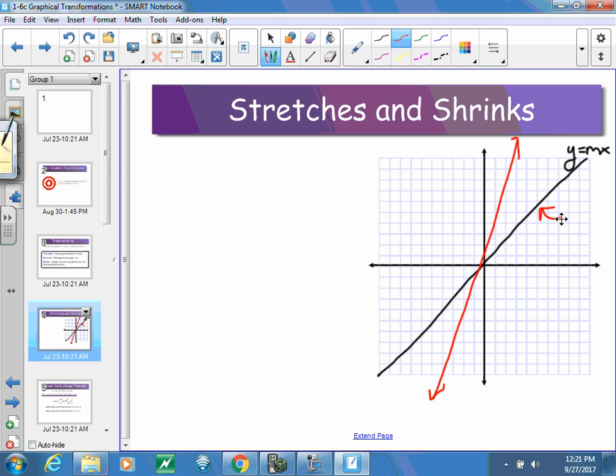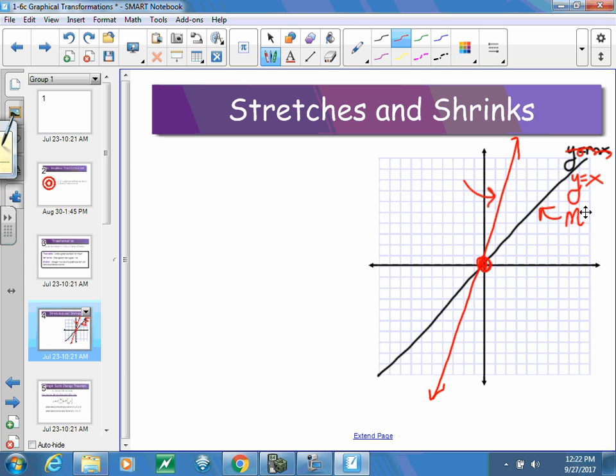This black line that I have here, we know that if it's y equals x, the parent function, we know it goes through the y-intercept of 0 and it has a slope of 1. Well, by stretching this, it's still going through our y-intercept at 0, but our slope is going to be changing.